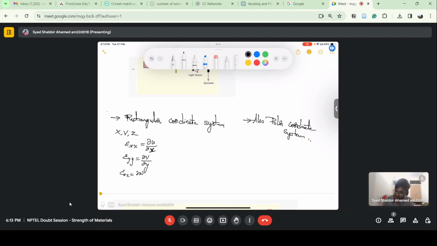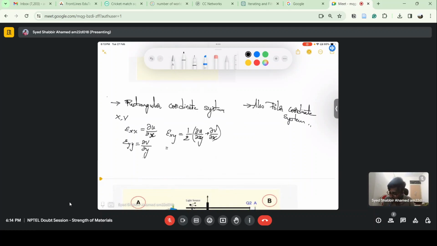Let's say we only have a two-dimensional coordinate system, because in this course we mainly deal with two dimensions. Then we have epsilon xy as half into dou u by dou y plus dou v by dou x. So these are the two normal strains and one shear strain, which can also be written as gamma xy.